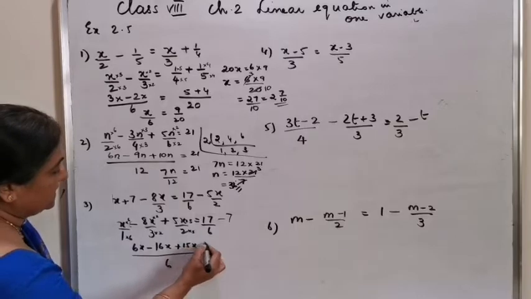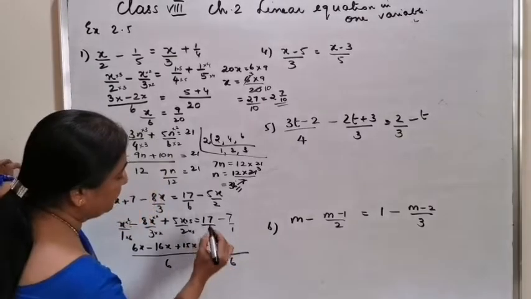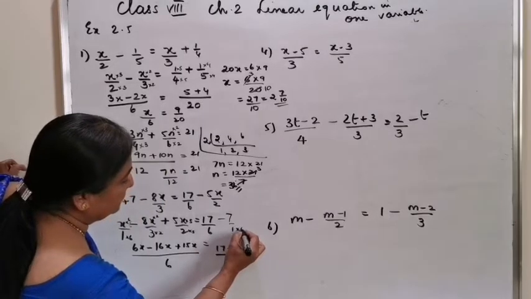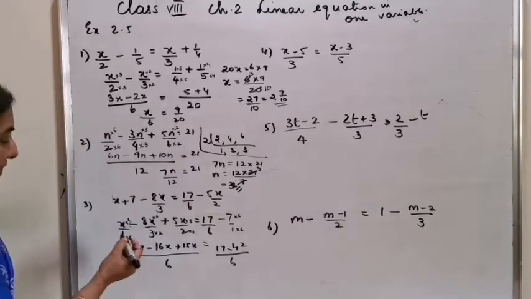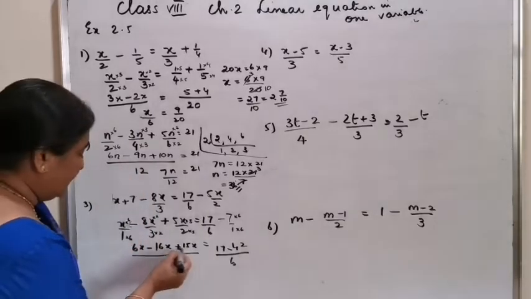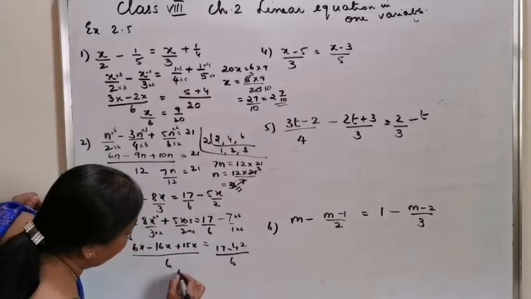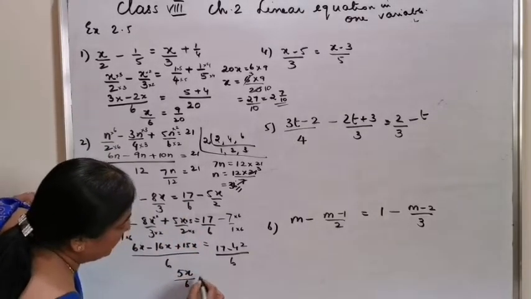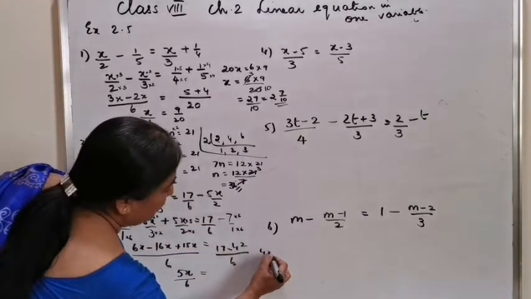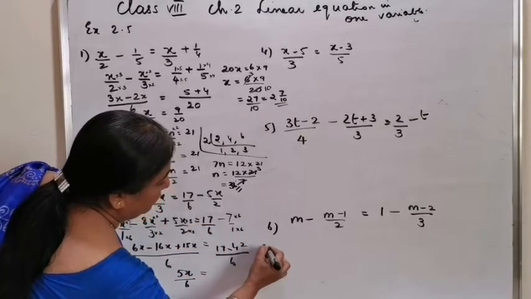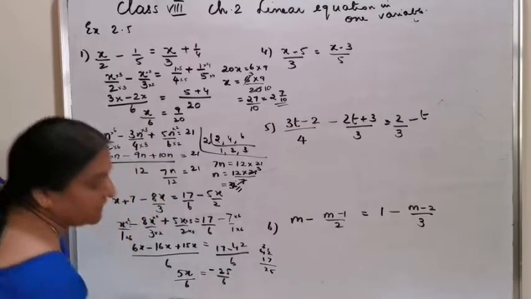plus 15x is equal to, LCM on this side is also 6, 17 minus 42 by 6. Adding the positive numbers, 15 plus 6 is 21, 21 minus 16 is 5. 5x by 6 is equal to 17 minus 42, that is 42 minus 17, 25, so minus 25 by 6.